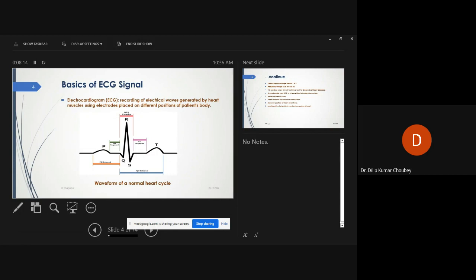But if you see a normal heart cycle here, it has some components mentioned: P wave, QRS complex, T wave, and there are certain time intervals also: PR interval, PR segment, QRS complex, ST segment, QT segment. All the components have significance in terms of cardiology.